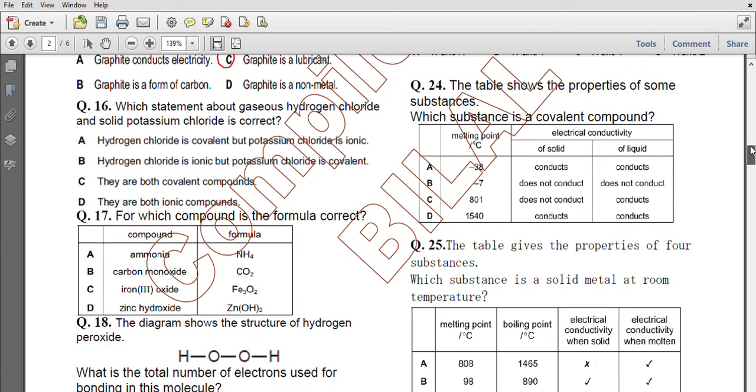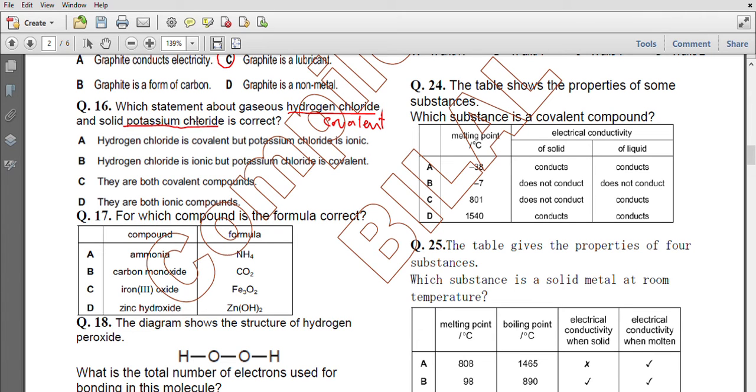Question number 16. Which statement about gaseous hydrogen chloride? As we discussed in our previous questions, hydrogen is a non-metal, chlorine is a non-metal, so the bond between two non-metals is covalent. Whereas, as we discussed in question number 12 with sodium chloride, here it is potassium chloride.